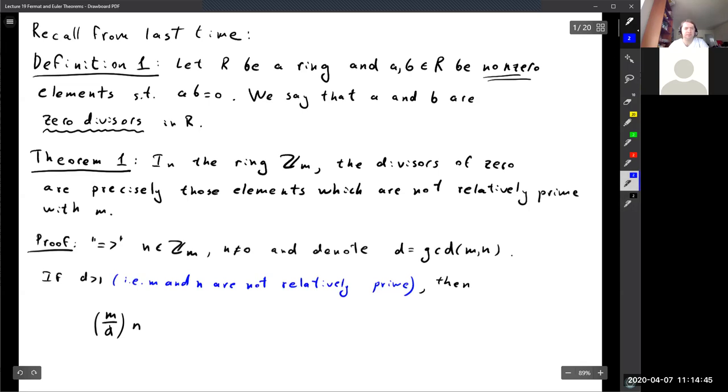But at the same time, this is the same as m multiplied by n divided by d, and this is an integer. So we have a multiple of m, which of course is equivalent to 0 mod m.